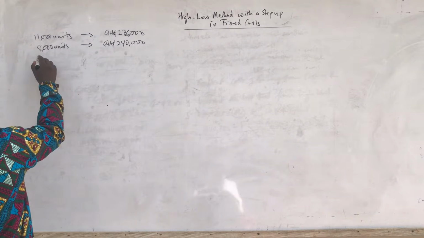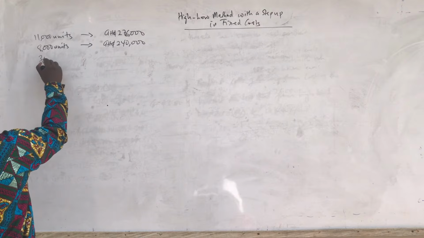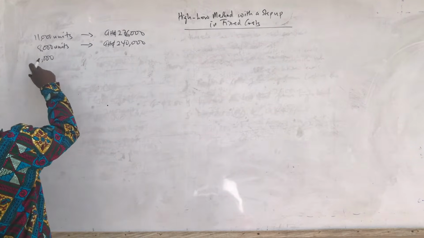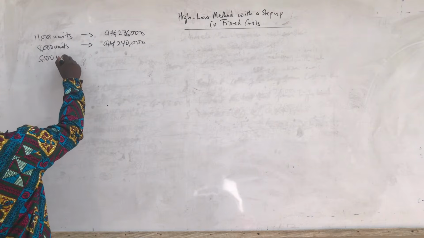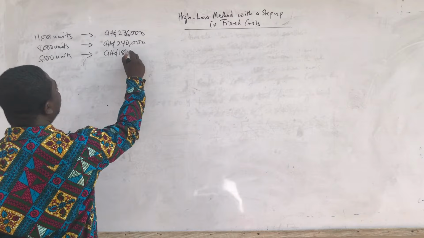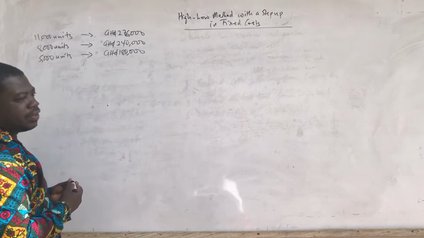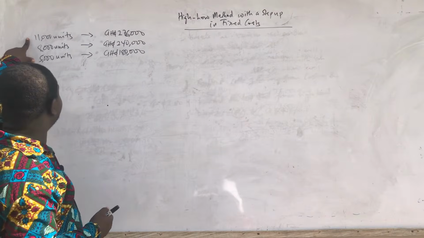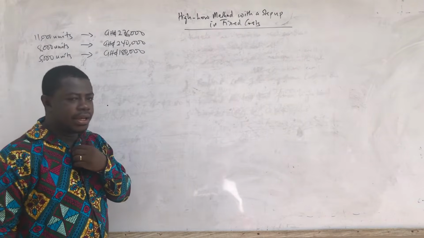And then we are given 5,000 units at a cost of 180,000. Now, these are 3 activity levels, but the higher is 11,000 and the lower is 5,000.